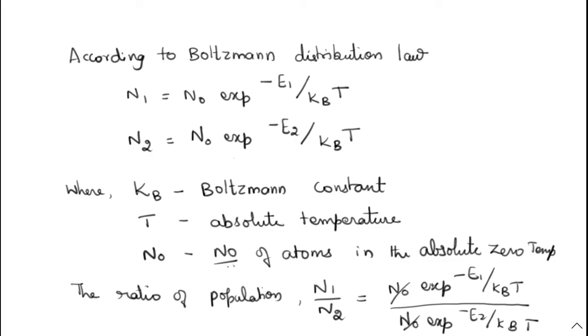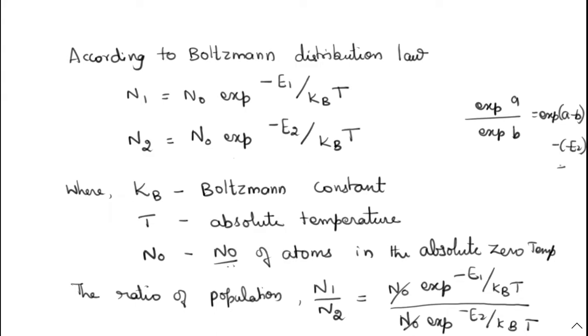Here this is exponential A divided by exponential B. So how can we write it? Exponential of A minus B. Here already minus E2 is there. When it goes up, minus of minus E2 will become plus E2.